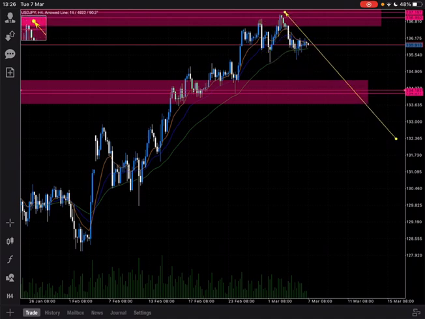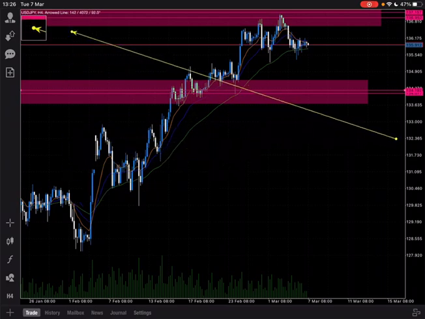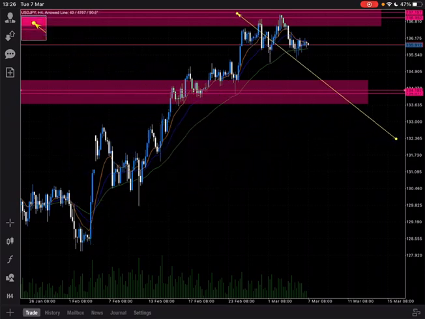Price came back, tapped the key level again, and did it create an engulfing sell? Not really, right? We have a break over here, but either way, the sellers over here are quite strong, because it was able to maintain UJ way below this price level.